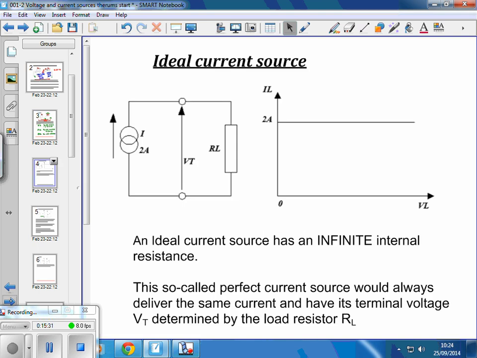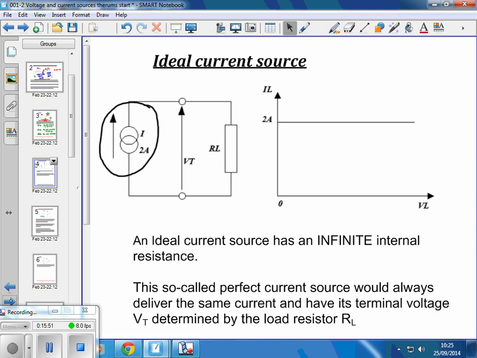Right. Moving on then to the concept of an ideal current source. Okay. So symbol for current source is like this one here, two interlinking circles.